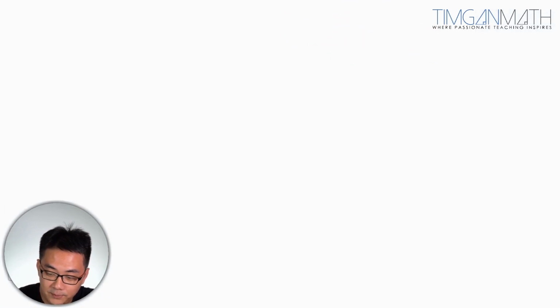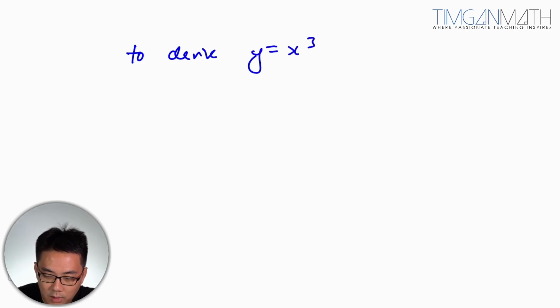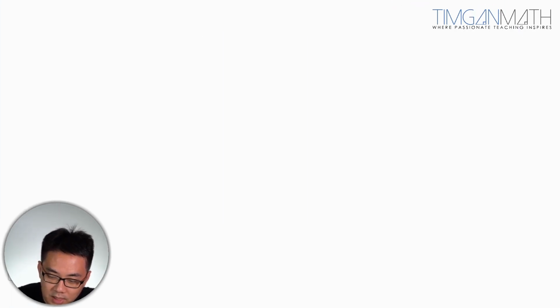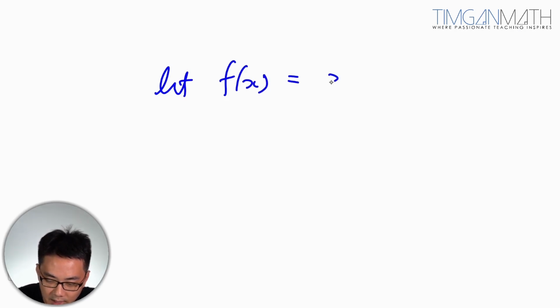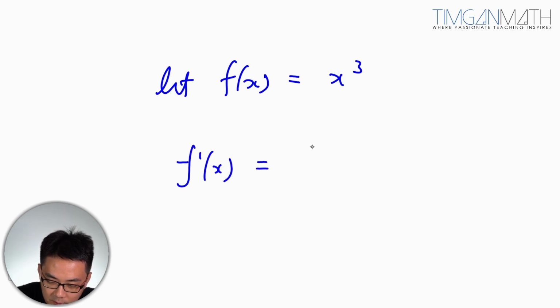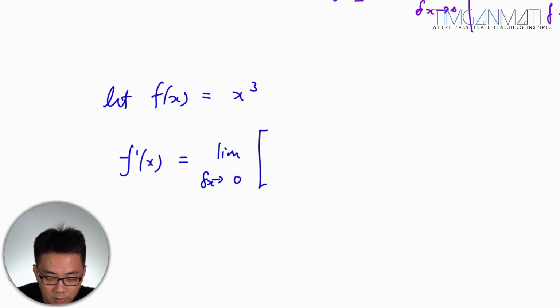So to derive this, from first principle, just let f(x) equal x cubed. So f prime x, from first principle, is the limit as delta x goes to 0, and it's just an equation of gradient.